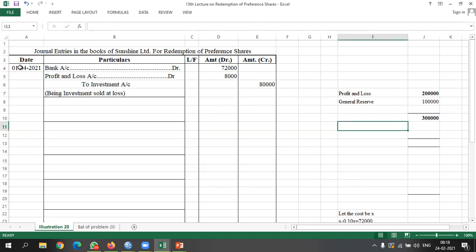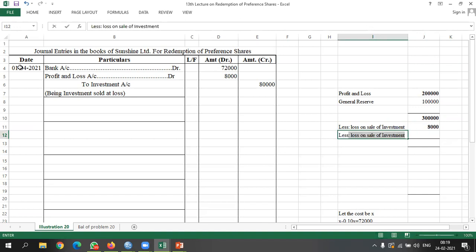Now what other things do I have to deduct from my divisible profit so that the balance amount is available for creation of CRR? First, less loss on sale of investment. How much loss did we make? 8,000. Apart from that, we also require a premium.